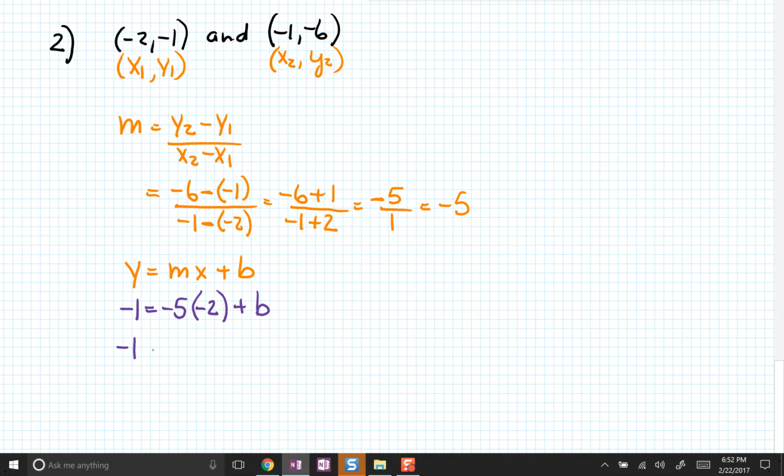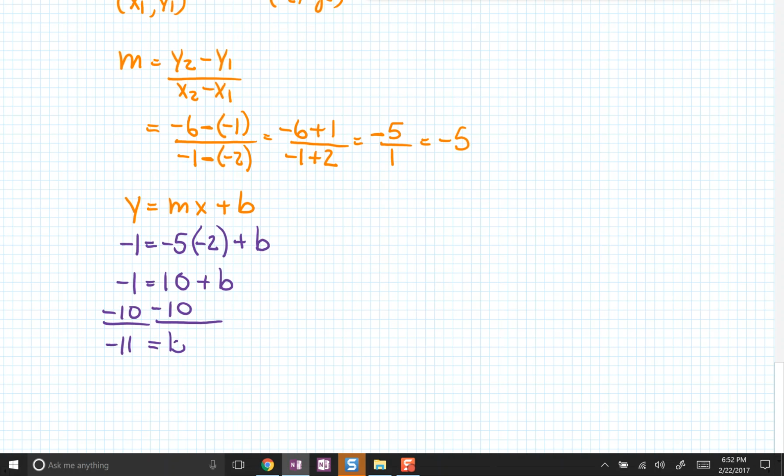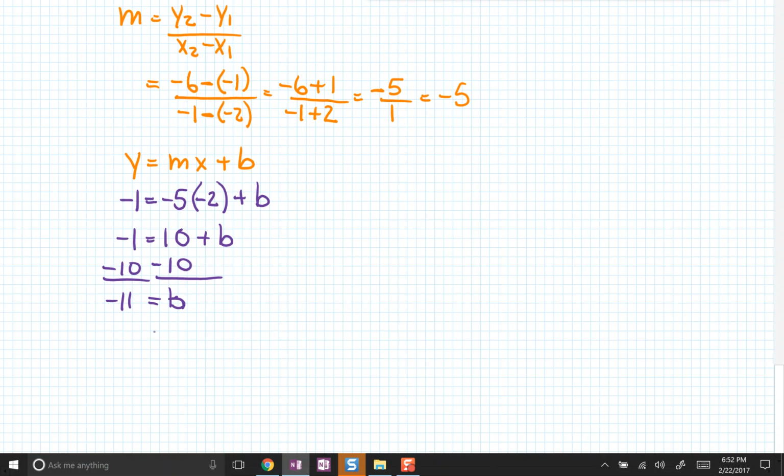So this gives me negative 1 equals 10 plus b. Subtract 10 from both sides. Negative 11 is equal to b. So our equation becomes y equals negative 5x minus 11. And that's how you do the problem.